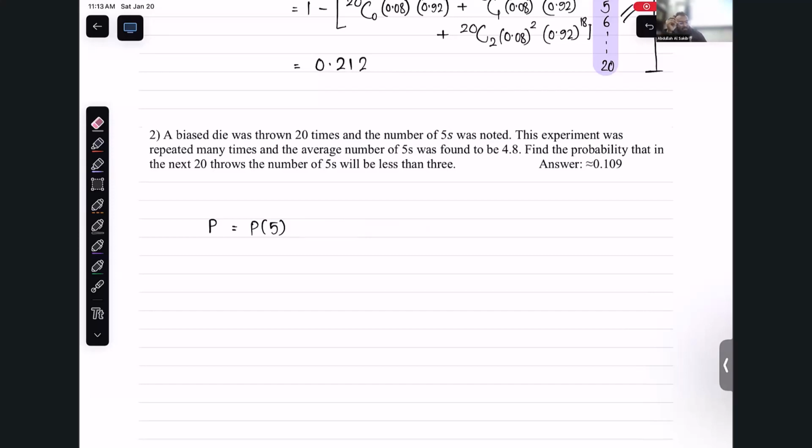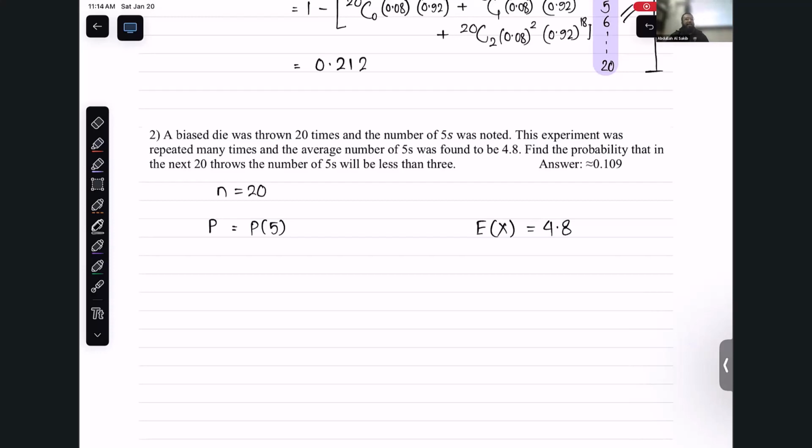Okay, so the experiment was repeated many times, and the average number of fives was found to be 4.8. So that means E(X) is 4.8. And how many times was it thrown? 20 times. That means n is 20.